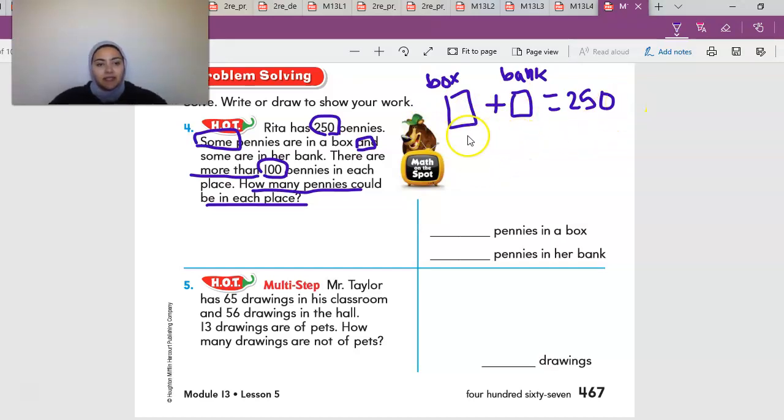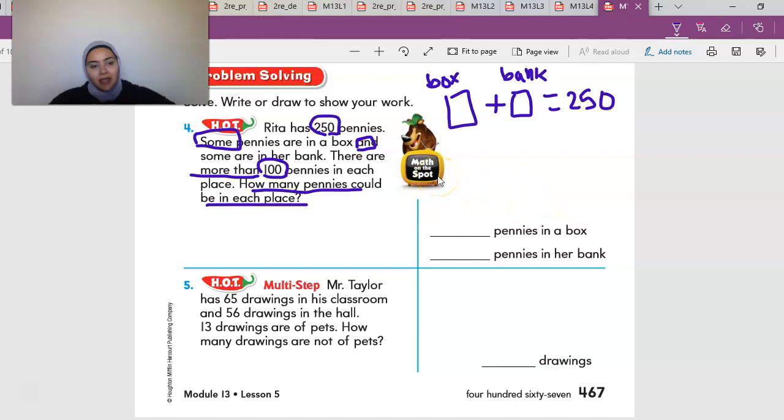So we know that the numbers in each box are more than 100. So if I put 110 plus 110, does that make 250? Let's try. 100 plus 100 is 200, and 10 plus 10 is 20, and 200 plus 20 is 220. Is that enough? No, it's not enough. So it has to be a number bigger than 110.